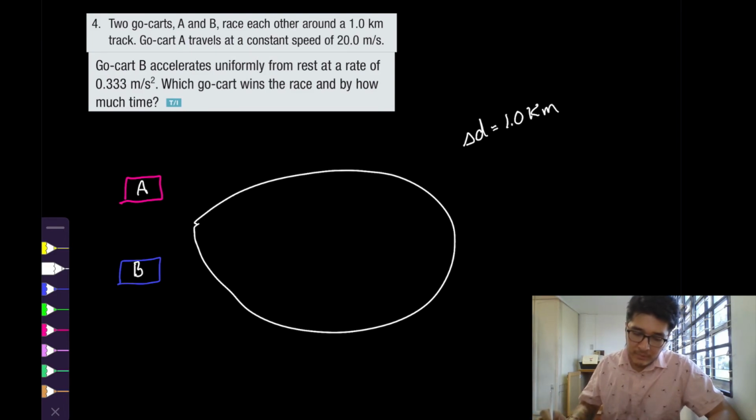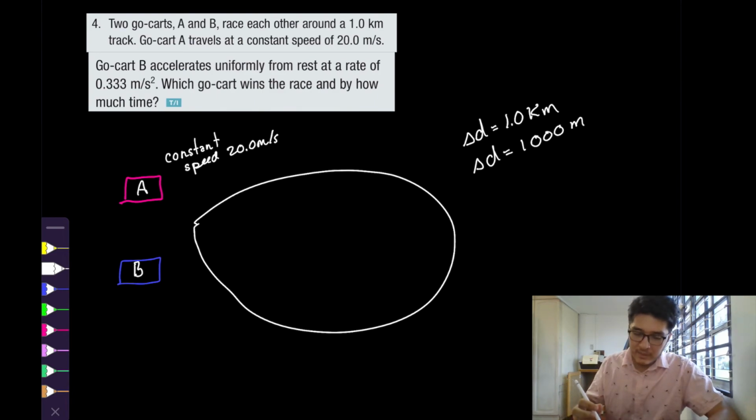Now the first one is traveling at a constant speed of 20 meters per second. So that's really easy because now we can see how long it takes to cover this distance. But the tricky part is our distance, we should change it into meters. So that's going to be 1,000 meters.